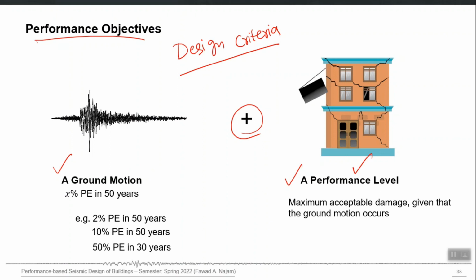But when you perform PBD, this document will also state the agreed upon performance objectives, that this much level of earthquake will be considered, and this is the acceptable level of damage at each level. This is the performance level at each ground motion level.